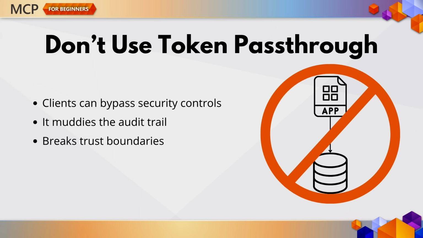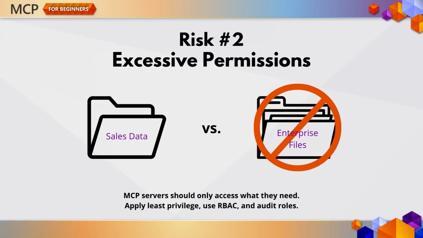This is explicitly forbidden in the MCP spec because it introduces a mess of problems. Clients can bypass critical security controls, it muddies the audit trail, and it can break trust boundaries between services. The bottom line: only accept tokens issued specifically for the MCP server. If you're using Azure, tools like API Management, Microsoft Entra ID, and the official MCP security guides will walk you through best practices.